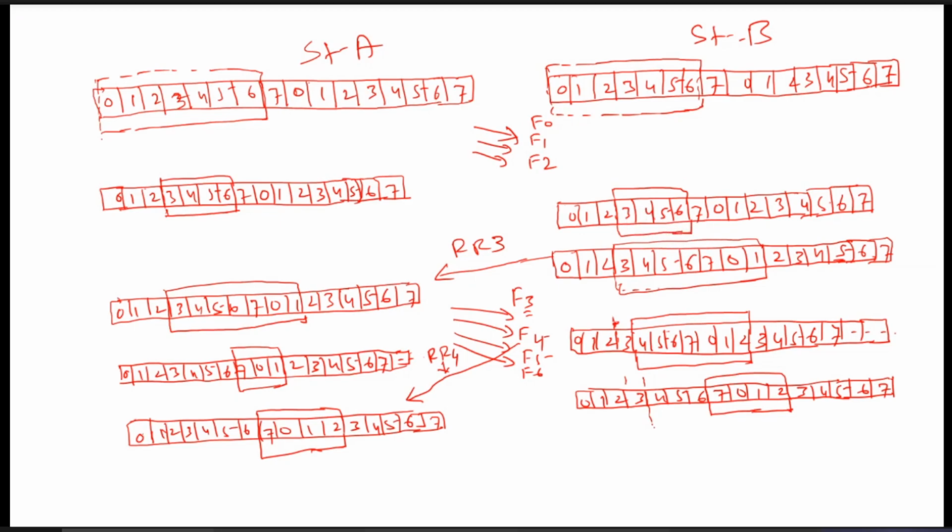Now B transmits the acknowledgement, right? Whenever an acknowledgement is transmitted, its window size will expand. So 3, 4, 5, 6 maximum. RR3 means it has received the frames up to 2 and is ready to receive frame number 3 onwards.